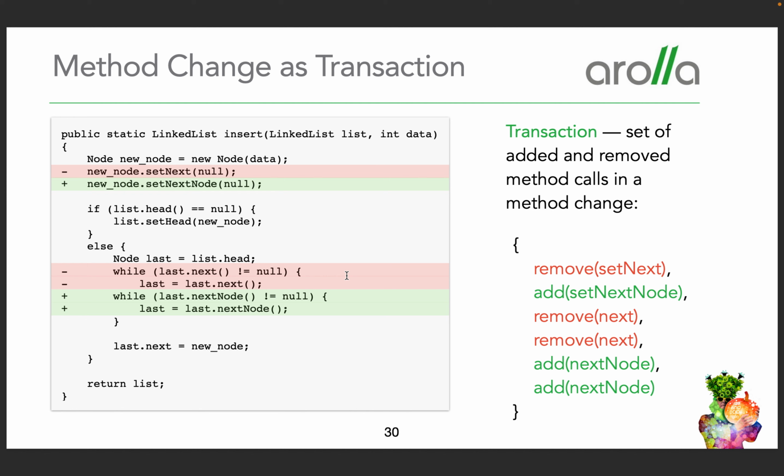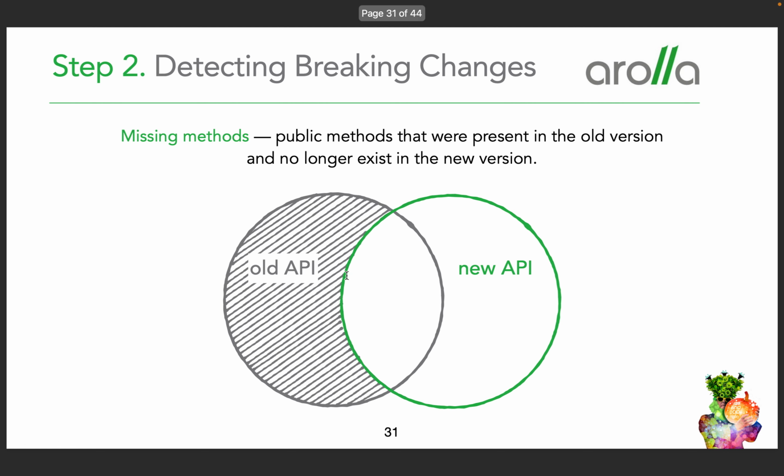In fact, we can represent every method change as a transaction, which is a set of removed and added method calls. And for our study, we will only be interested in those sets. So basically, our whole data set of commits will be simply a sequence of sets where each set contains removed and added method calls.